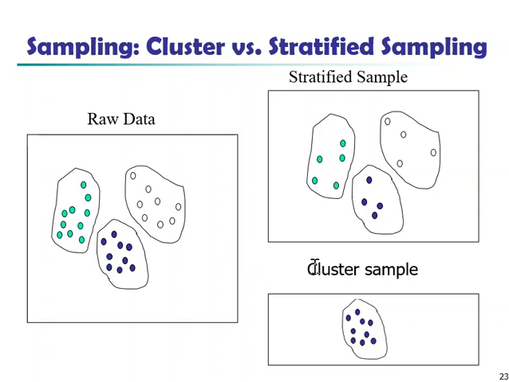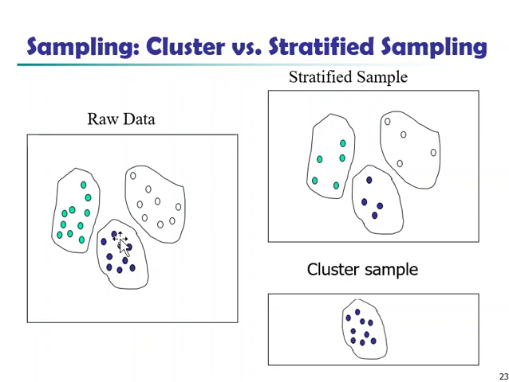So cluster sampling, what does that mean? If our original data has been through a cluster analysis and we have identified clusters, now cluster sampling basically is going to pick from those 3 clusters, pick one sample cluster.